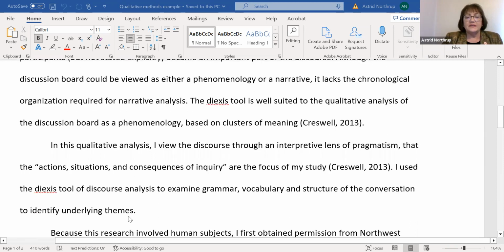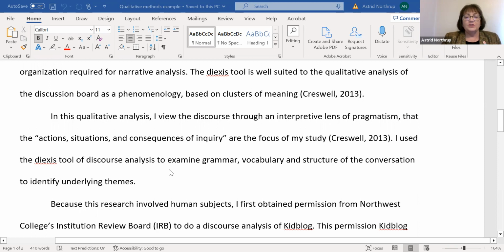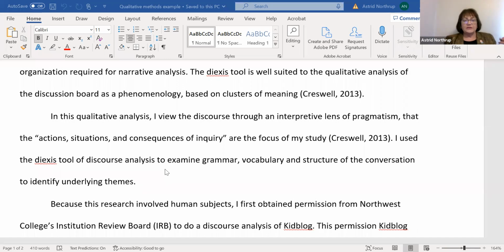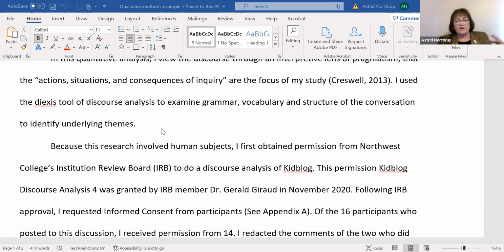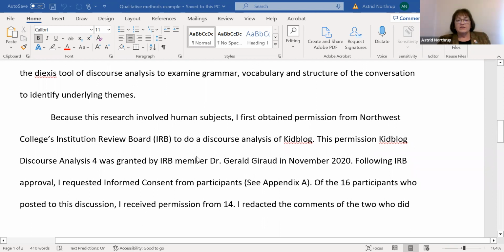So basically, as I say here, in this qualitative analysis, I view the discourse through this interpretive lens of pragmatism, which means actions, situations, and consequences of inquiry. So once again, I'm just using that as a context. I'm building up my case here for why I chose to use the Deixis tool in order to put everything that these teachers said about this program called KidBlog in context.